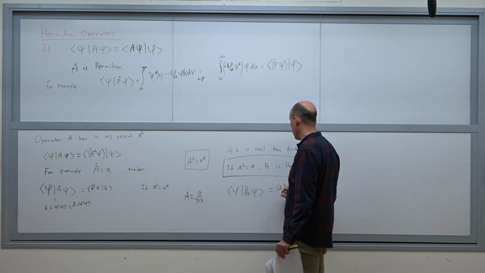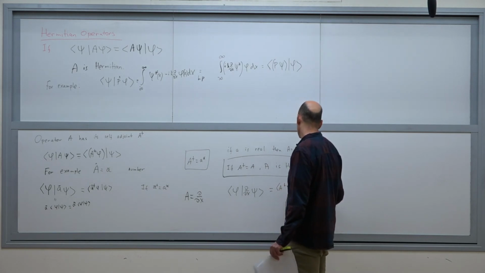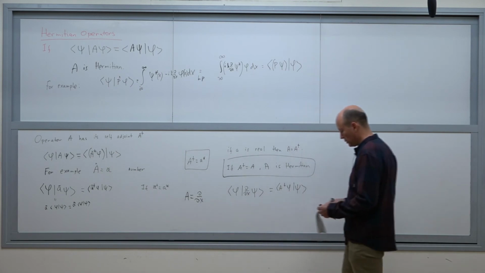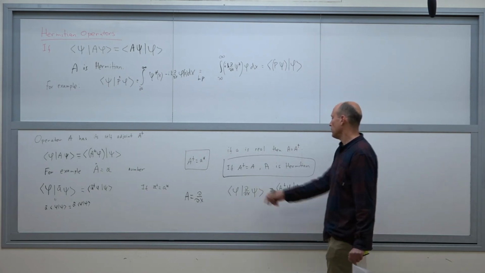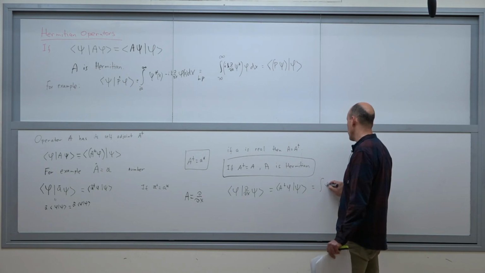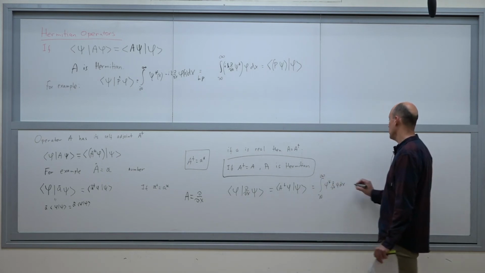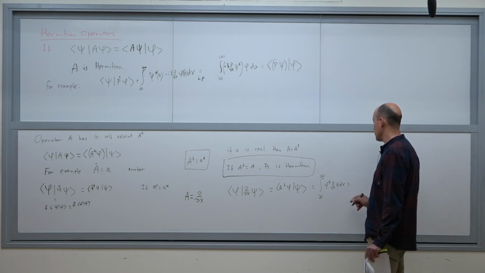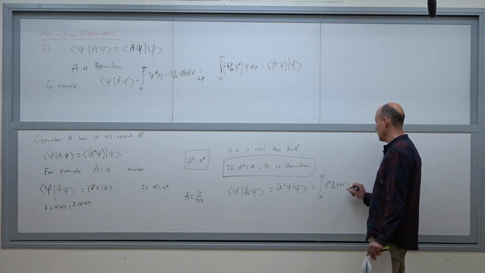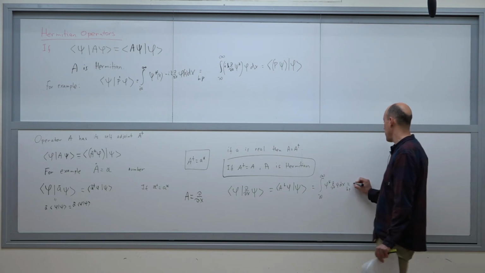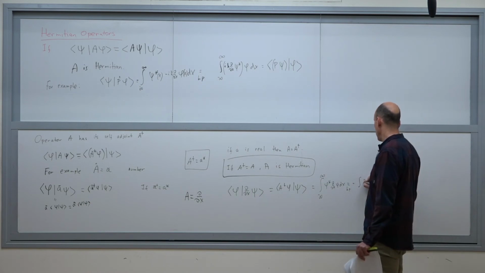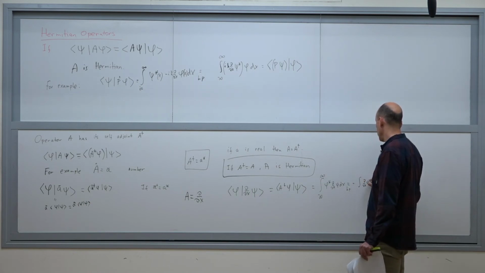I'm looking for this A dagger. But this guy, I can write in the usual representation if I want. Phi star, d over dx psi, dx. This is the spatial representation. Then I can write this integration by parts using the boundary condition. This is minus d over dx phi star, psi, dx.